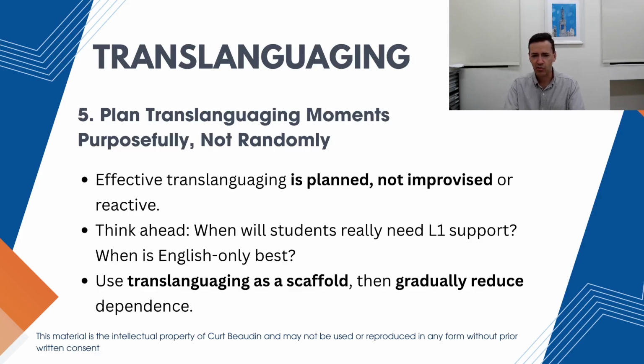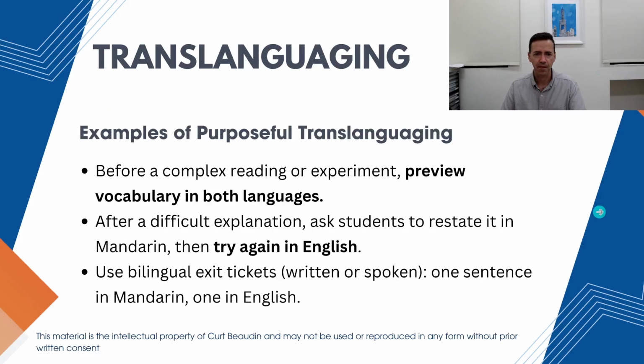Use translanguaging as a scaffold. It's for helping students answer, then gradually reduce the dependence. So eventually, maybe the class can become like an EMI classroom, but in the beginning, it doesn't need to be. So some examples of what I'm talking about: before a complex reading or experiment, preview vocabulary in both languages.